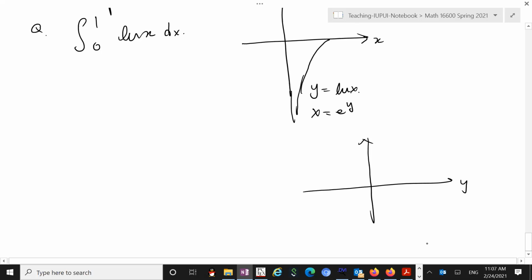Yeah, I use an axis like this. So the picture looks like that. It's just rotated clockwise. So the region is this region, right?